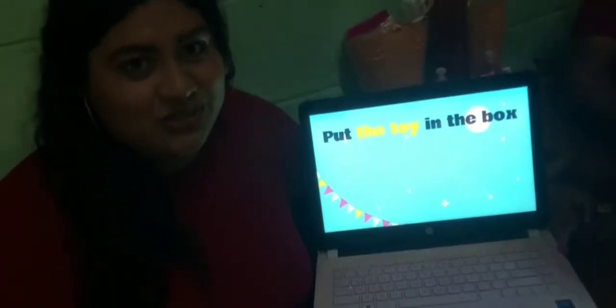What do you think we need to use? Yes, we need to use it. So we are going to eliminate the toy and the sentence is going to be, put it in the box.